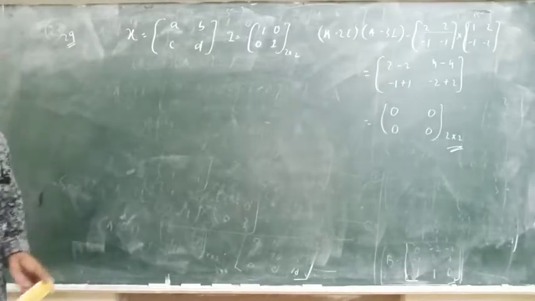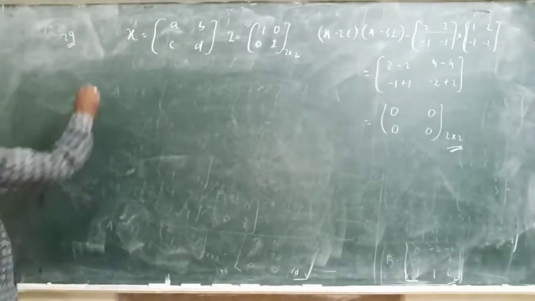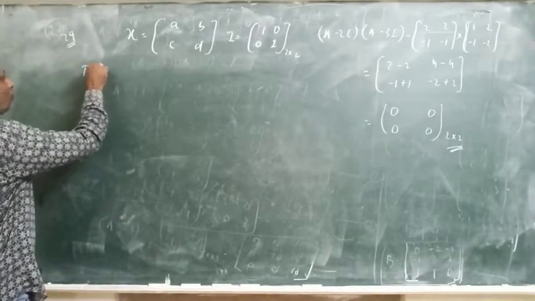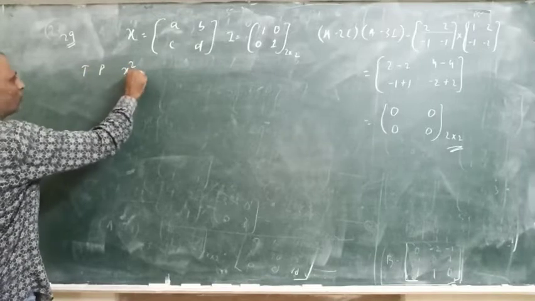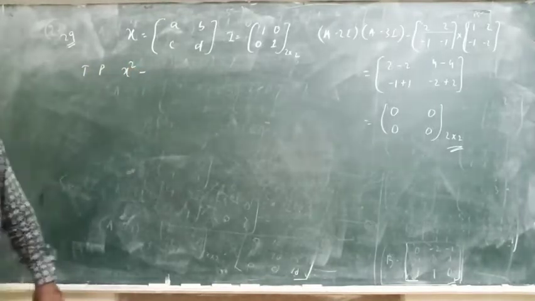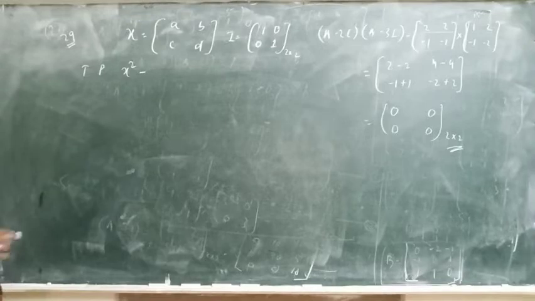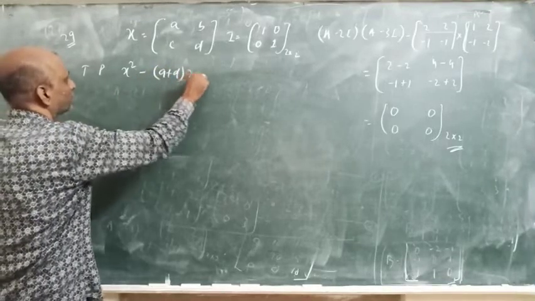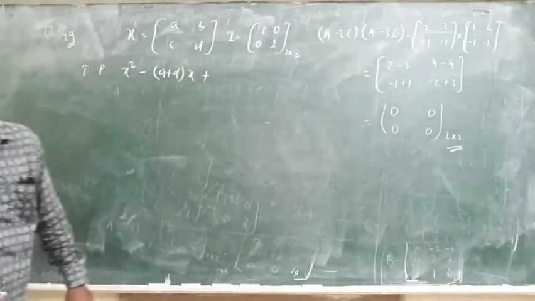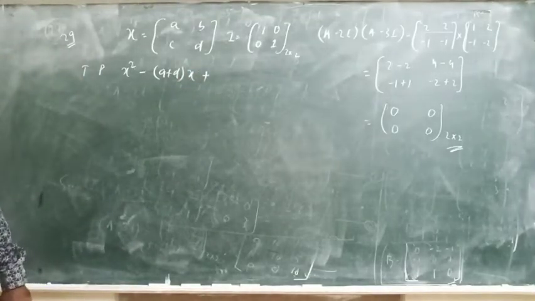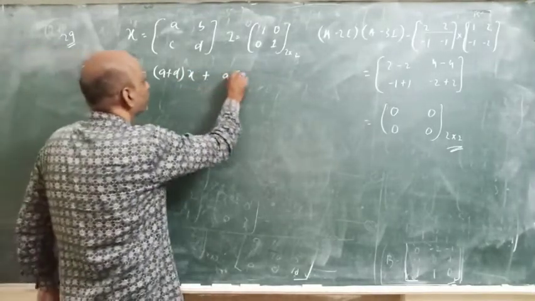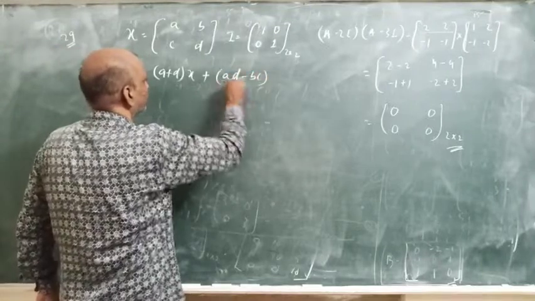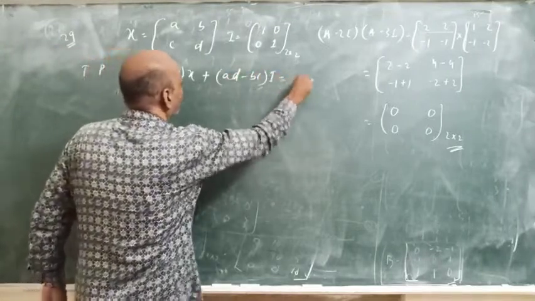It is given that, to prove: x square minus (a plus d)x plus (ad minus bc)I is equal to 0.